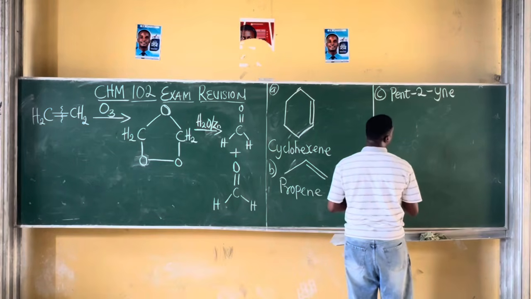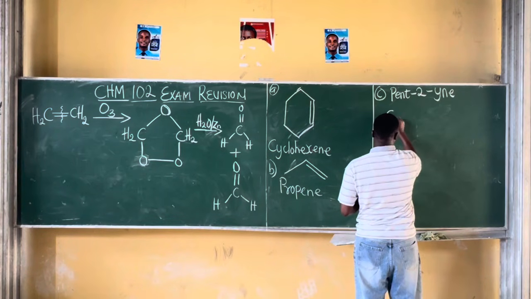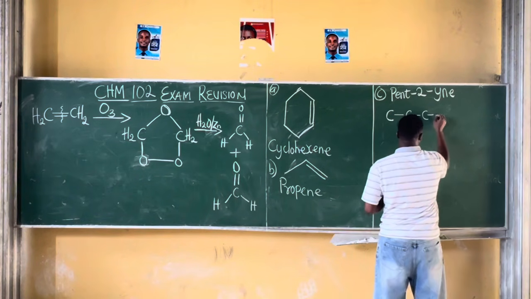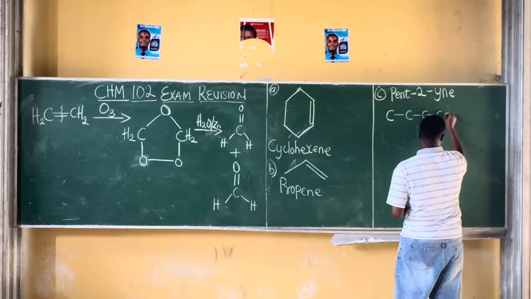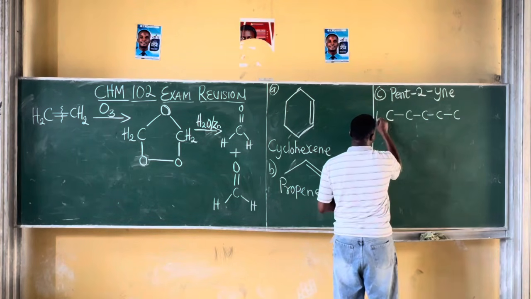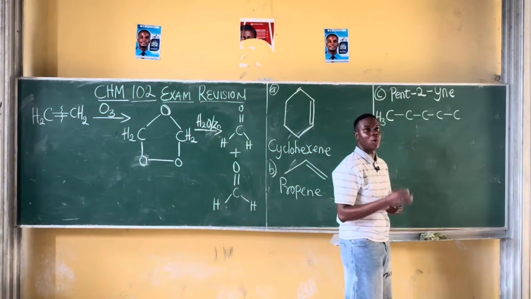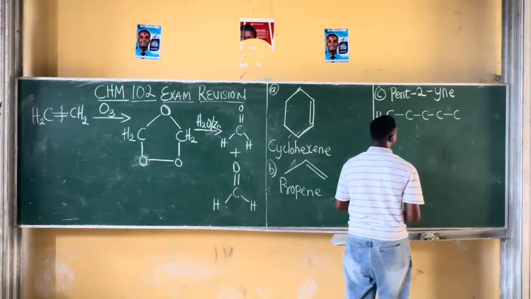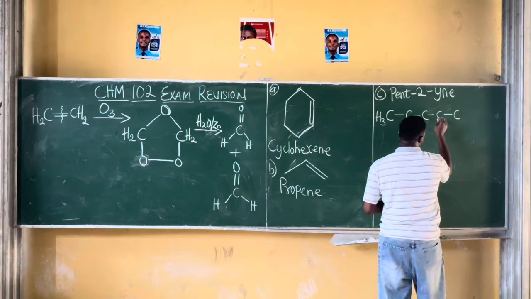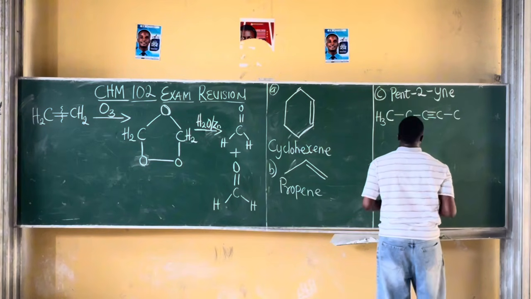So pent comprises 5 carbons. So we go. All right, 5 carbons. And the yne simply means we are looking at a triple bond. So which carbon are we going to put it on? Carbon 2. So let us take this as carbon 2. So I'm going to put the triple bond here. All right.